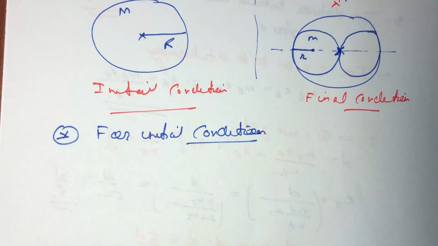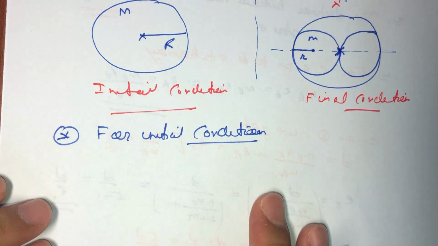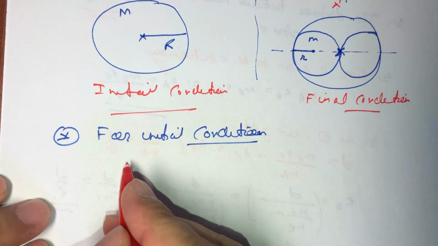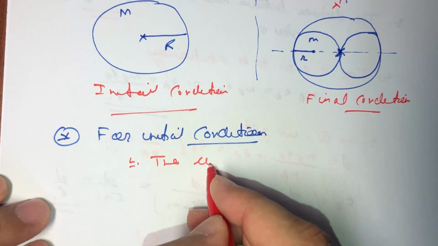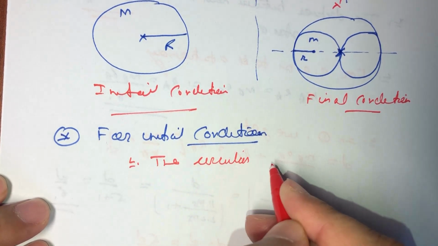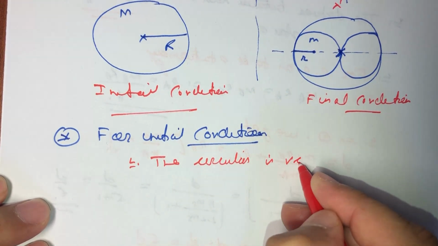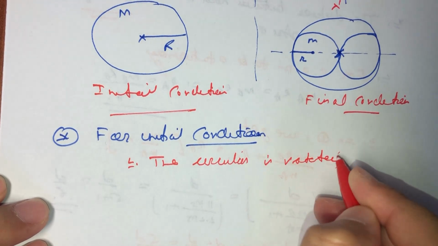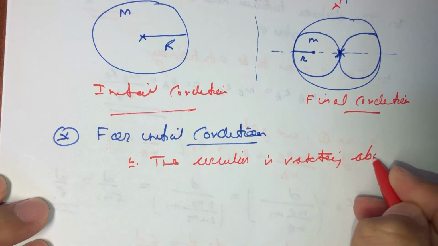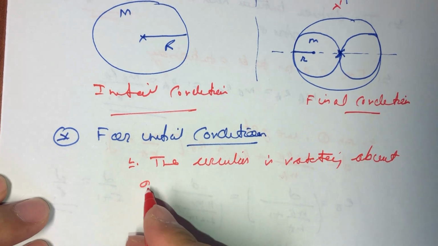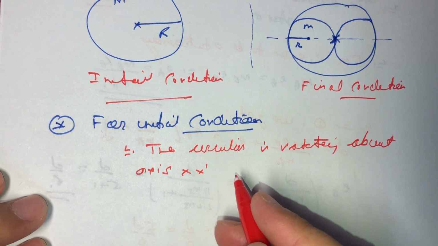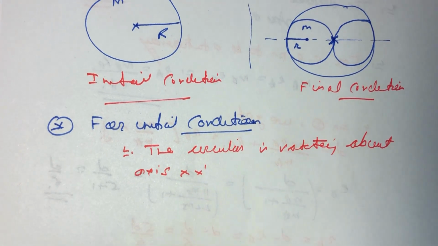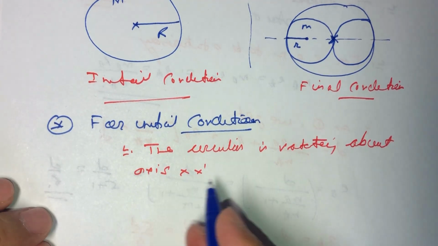For the initial condition, you can say the circular disc is rotating about axis xx prime. So we can find out its moment of inertia.